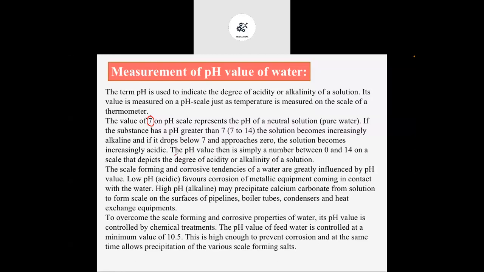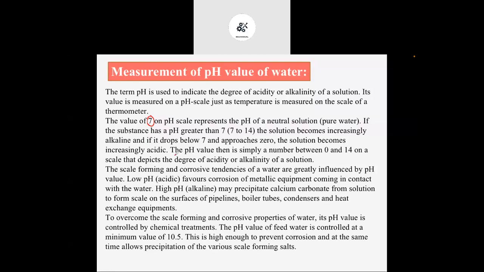The importance of calculating the pH value is that the alkaline or acidic nature of the water is going to affect the construction materials of the different devices in a thermal power plant. In the boiler there are boiler tubes and the boiler shell.